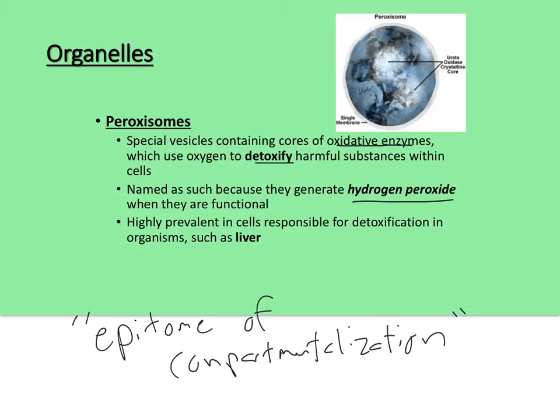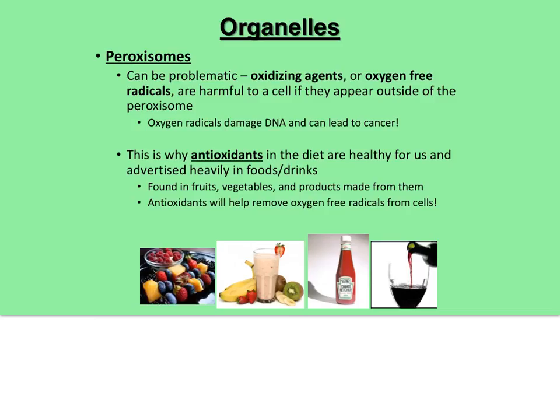So the liver is a primary place where a lot of people know that alcohol gets broken down, and so you're going to see a lot of these peroxisomes in that tissue because they help do that detoxifying job. Now, peroxisomes are an interesting case, however, because the fact of the matter is hydrogen peroxide is not good for you, right?